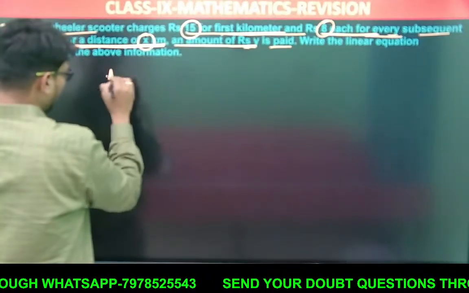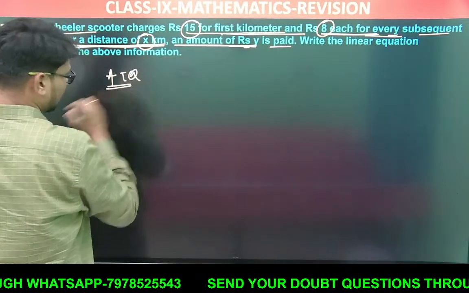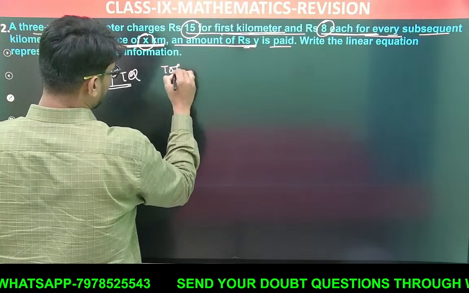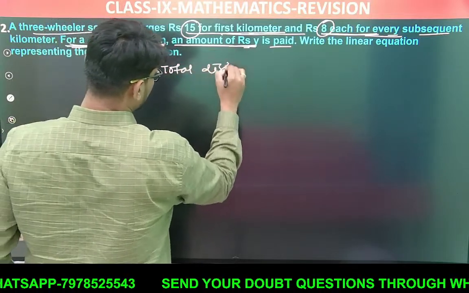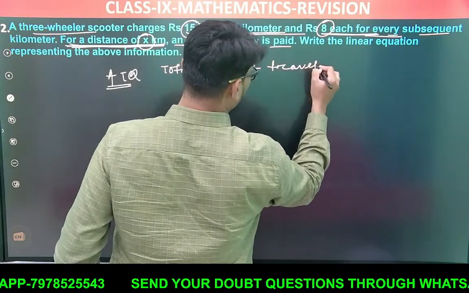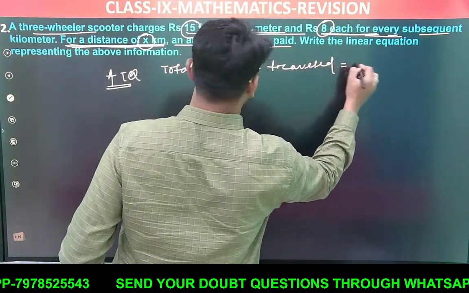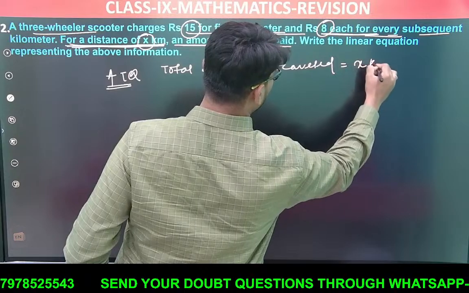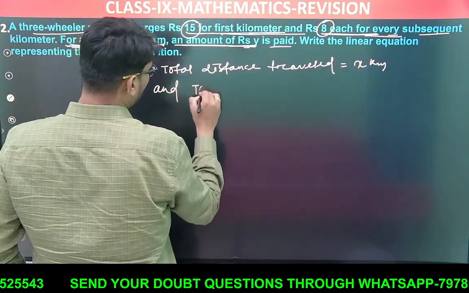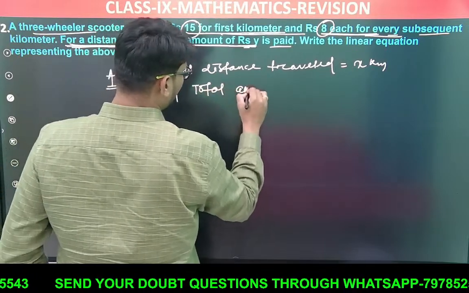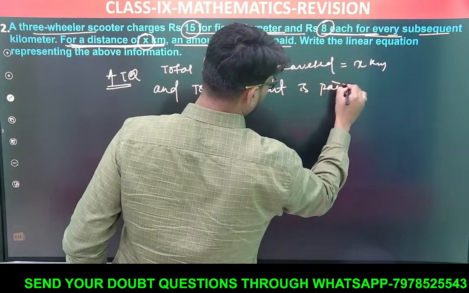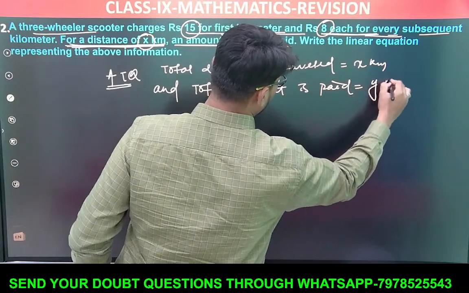So now check, according to the question, the total distance traveled equals x kilometers, and the total amount paid equals y rupees.